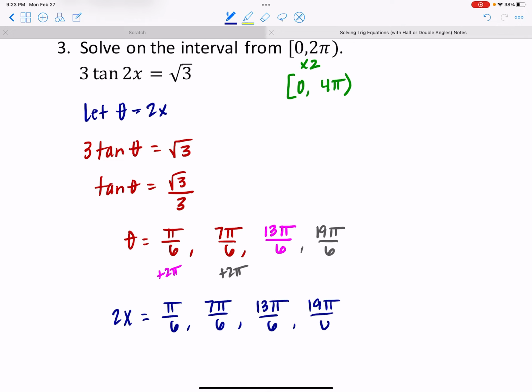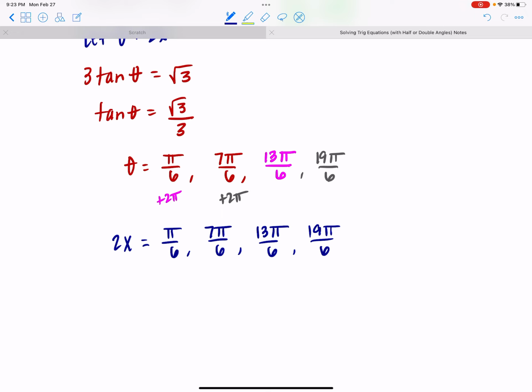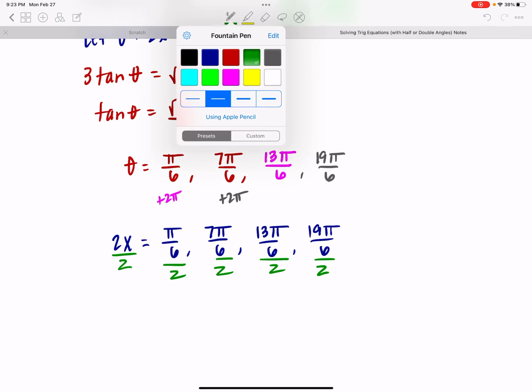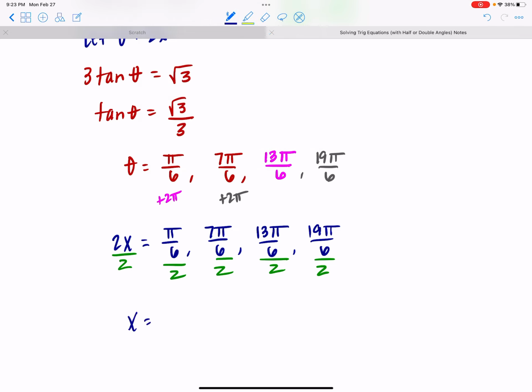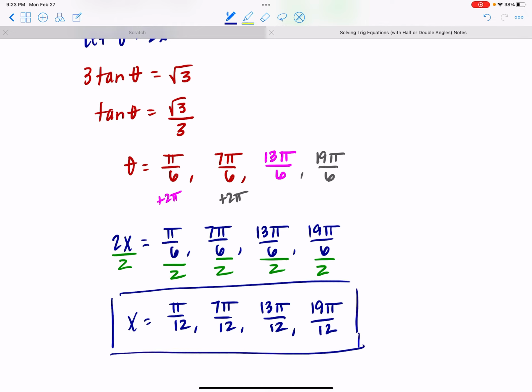If I want to solve for x and it's being multiplied by 2, I have to divide everything by 2. Dividing by 2 is multiplying by a half, so that 2 is going to end up in all of those denominators. So my solutions for x will be pi over 12, 7 pi over 12, 13 pi over 12, and finally 19 pi over 12. Those are my four distinct solutions over that interval.